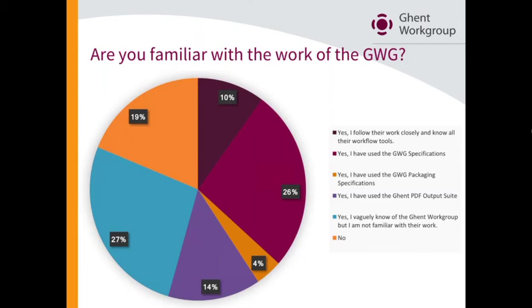So it's very nice to see that a lot of people use that specifically as well. And then, of course, you will always have people who are not aware of what we're doing or only in passing, and our educational or marketing outreach could always be better in that regard.